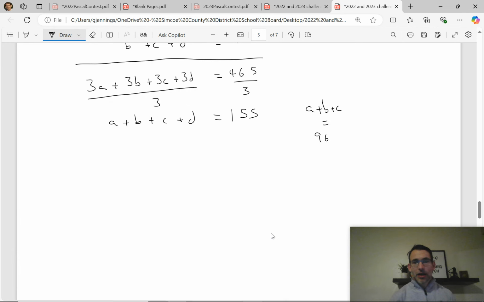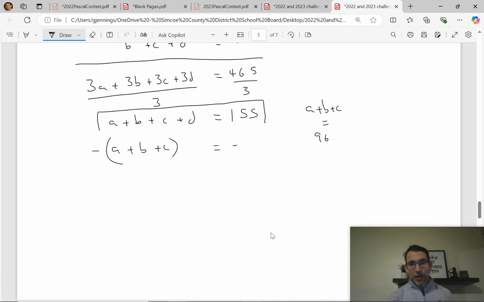I'm going to subtract that equation from this one. You guessed it. I'm going to minus A plus B plus C, equaling minus 96. That is going to give me D is equal to, isn't that magic? This is so pretty. D is equal to 155 minus 96, which is 59.